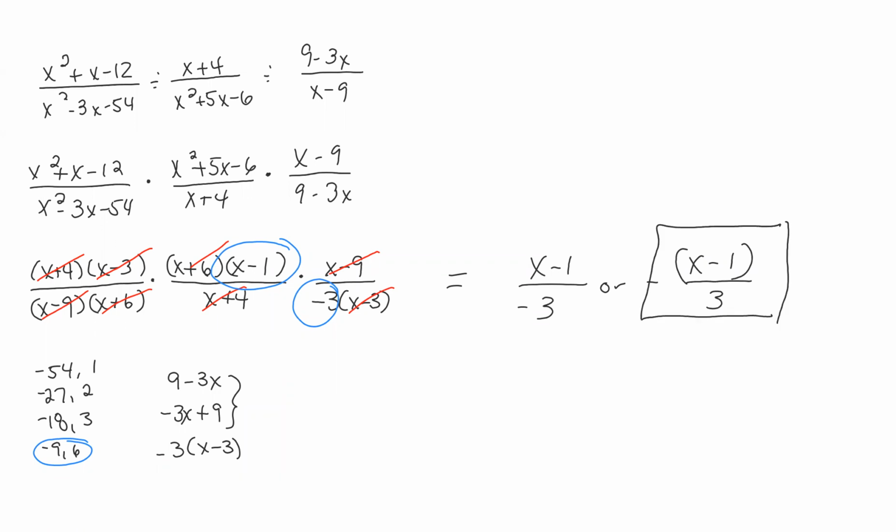Okay, so that wraps up multiplying and dividing rational expressions. Make sure you know how to factor. Make sure you have at least a general understanding of just how fractions work. If you don't understand how fractions work, rational expressions are going to be mind-boggling. Without a general understanding of fractions and without knowing how to factor, this is going to be really too difficult. So make sure you know those two things before you tackle this topic of rational expressions.